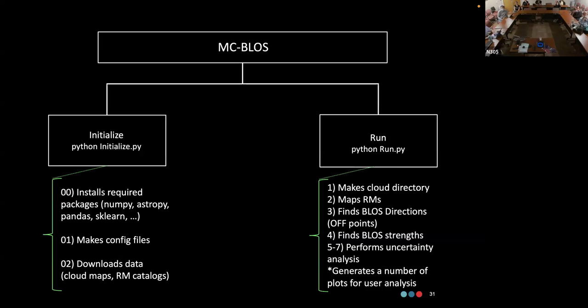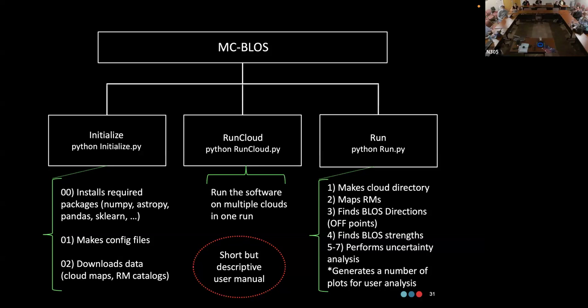Then when we run the software, it makes the cloud directory, maps the rotation measure, finds B line of sight, the line of sight magnetic field, direction, and strength. And it actually generates a number of plots that the user can use to analyze, particularly the on-off measure to figure out if this on-off approach and the selection of off points is good.